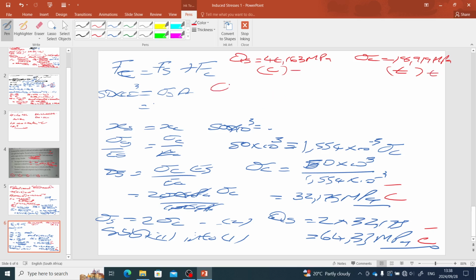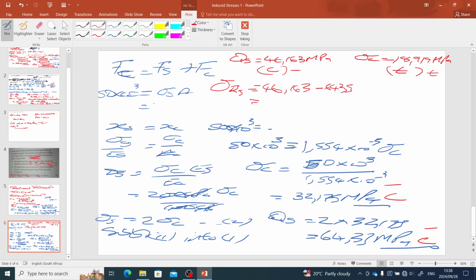Now, in calculating the resultant, we'll start with that of steel. We are having negative 46,163 minus 64,35.